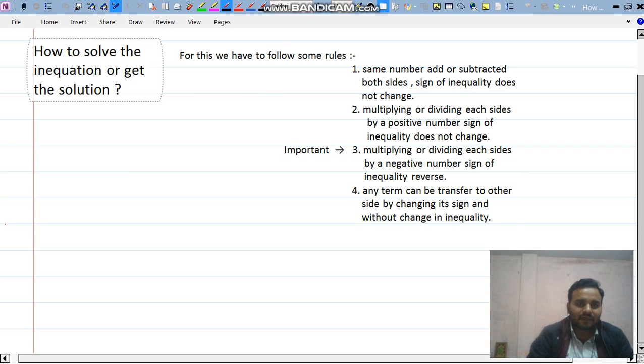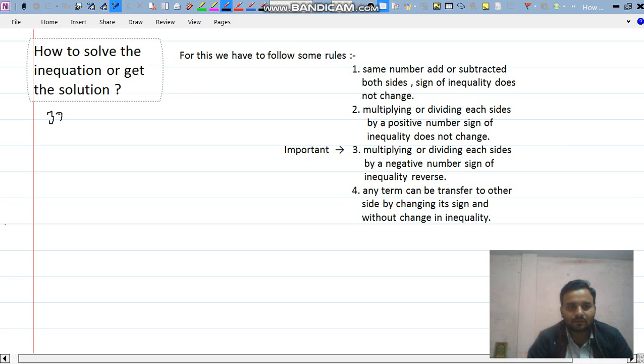Before solving the inequations, we have to follow some rules, and these rules are given in some points, and step by step we learn these. Suppose you have 3x plus 2 is less than 8.